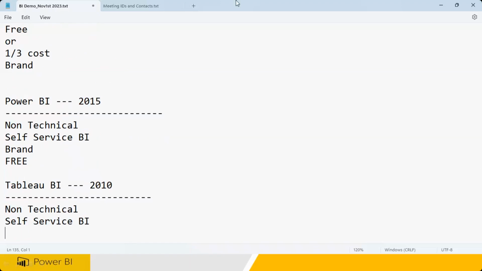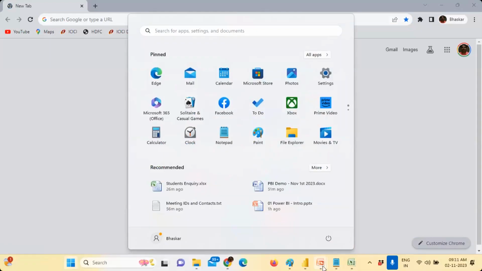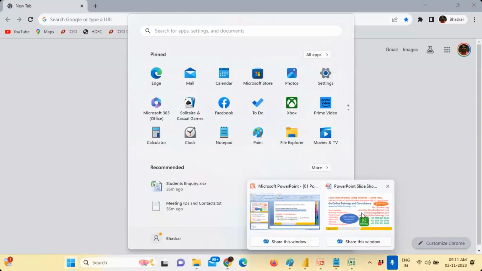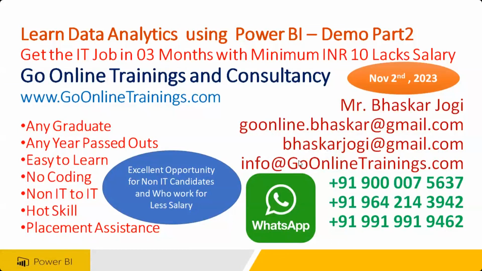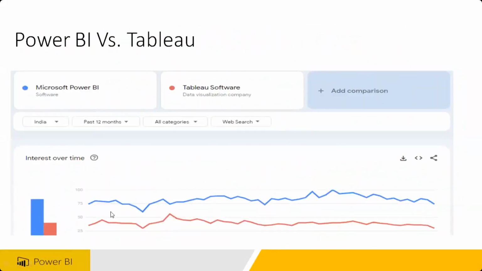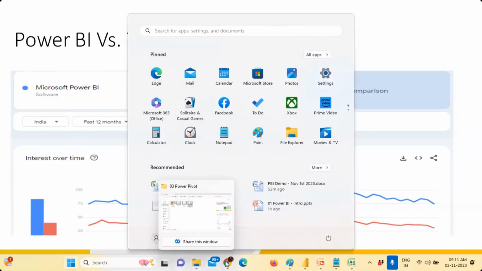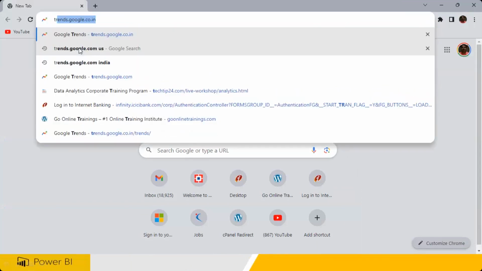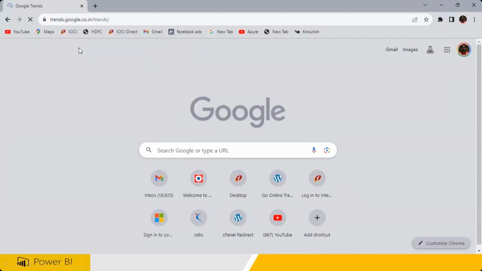Clear? So now if you compare Power BI with Tableau, I have a slide, right? So you see how Tableau and Power BI are doing. You can go to trends.google.com. You can compare anything. You can just go to Google, and if you wanted to compare, go to trends.google.com.